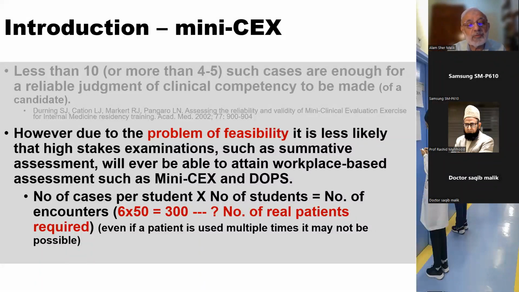Imagine if we use 6 patients for each student, and there are 50 students, so we need around 300 patients. And even if we use the same patient multiple times, still we would need a huge number of patients. And this makes mini-CX a difficult choice because of the feasibility, although the method of assessment is very good.